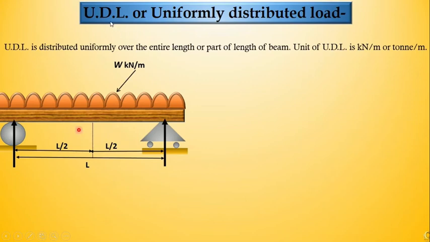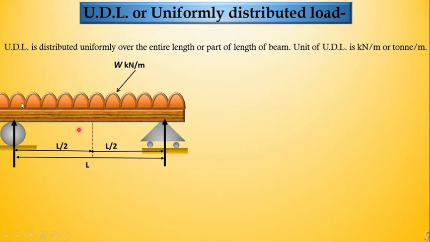Next we have studied the UDL or uniformly distributed load. A UDL is distributed uniformly over the entire length or part of the length of the beam. The unit of UDL is kilonewton per meter. You can see this diagram.